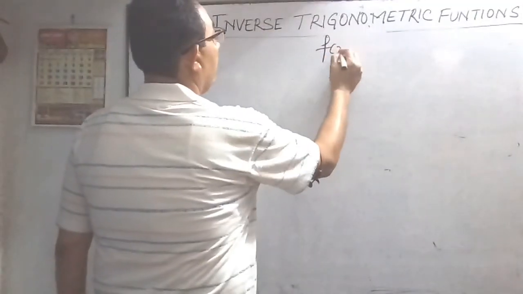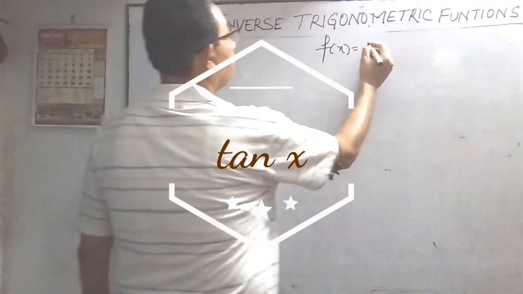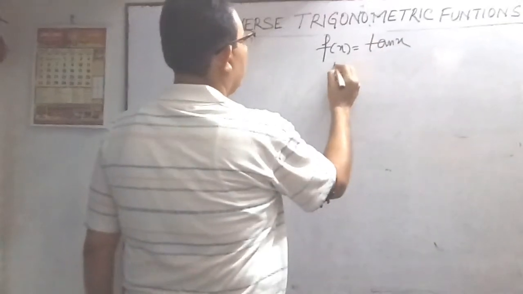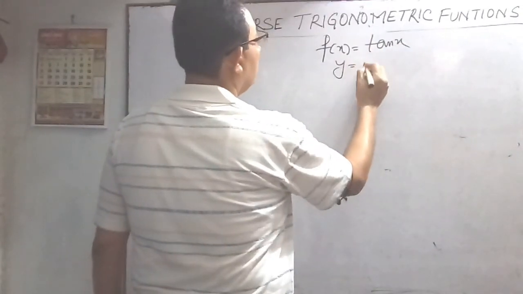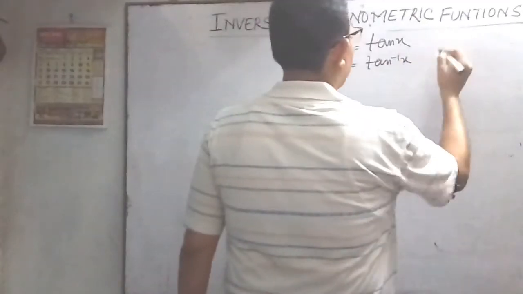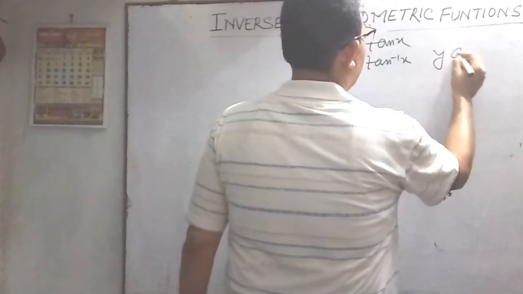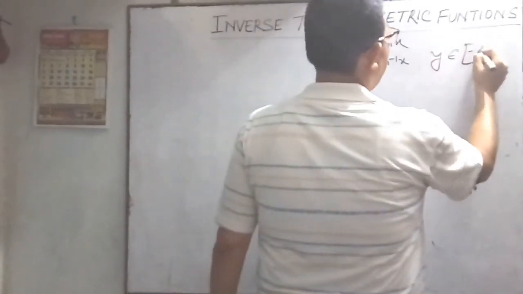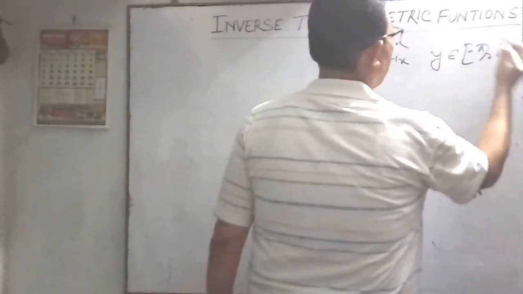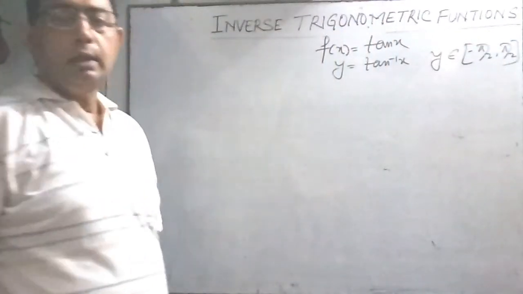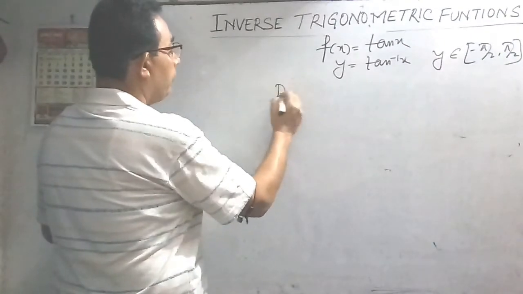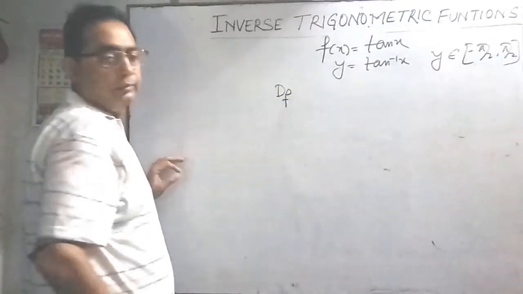Now, function f(x) equal to tan x. Then y equal to tan inverse x. Here y belongs to minus pi by 2 to pi by 2. Understood? Now you see, what is the domain of f?